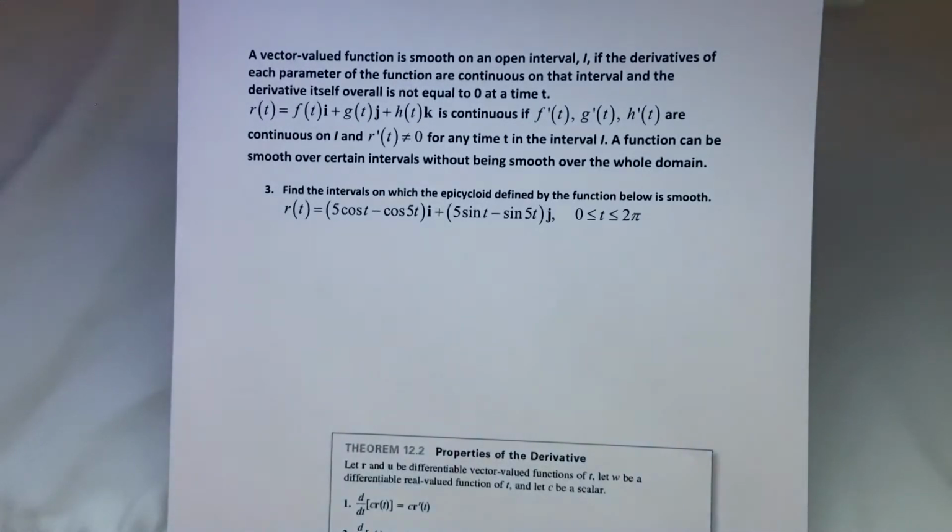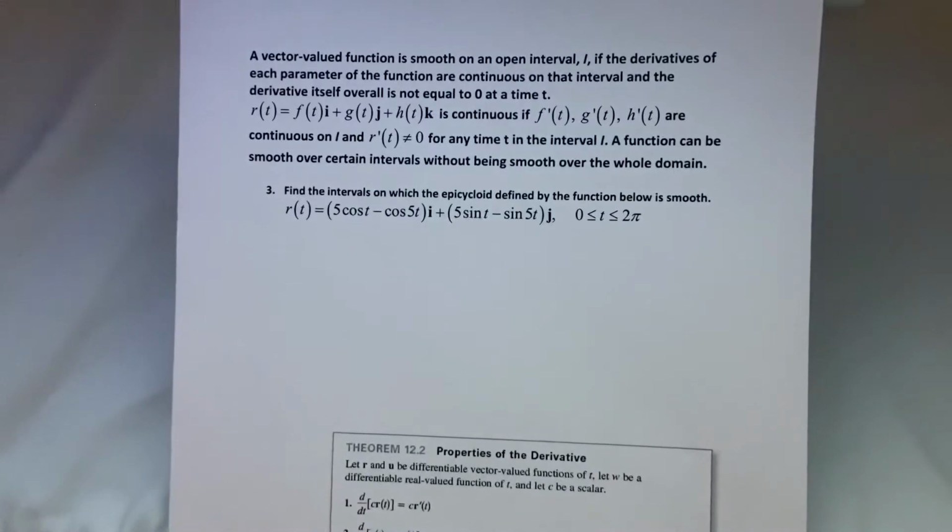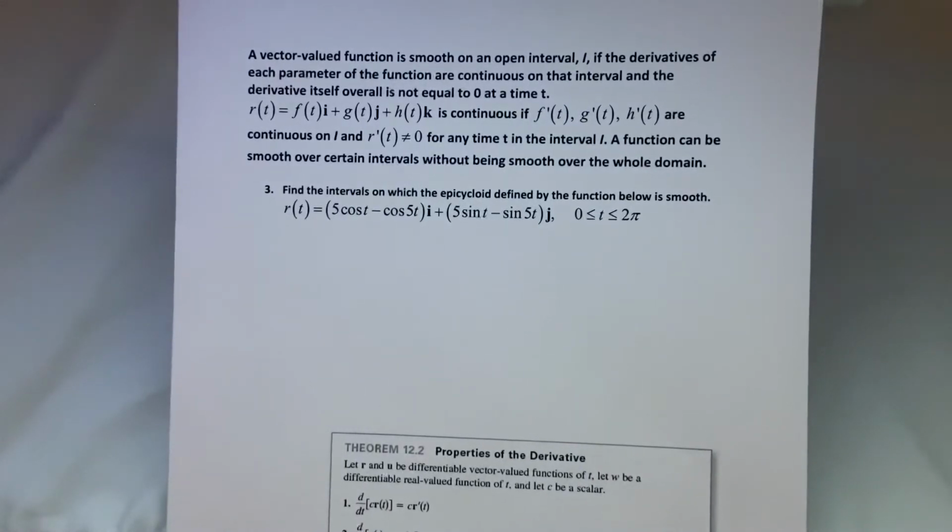Now, a vector valued function is smooth on an open interval I if the derivatives of each component of the function are continuous on that interval and the derivative itself overall is not equal to 0 at time t. So if r of t equals f of t i plus g of t j plus h of t k, the first derivatives for each component are continuous on I, and r prime of t is not equal to 0 for any time in the interval.